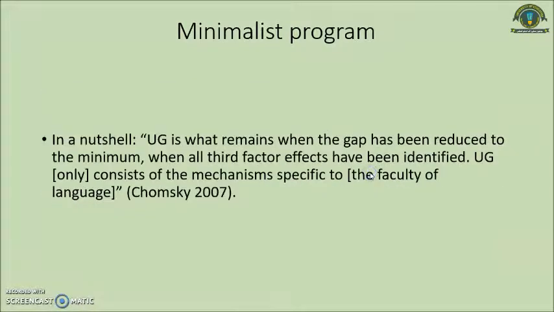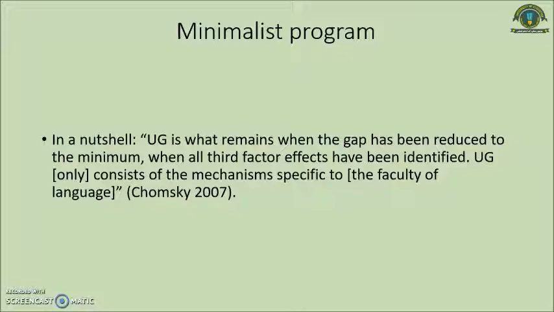So let's see what that is. In a nutshell, UG should be the one filling the gap that remains, rather than doing all the effort. And it should only consist of those mechanisms that are specific to the language faculty.